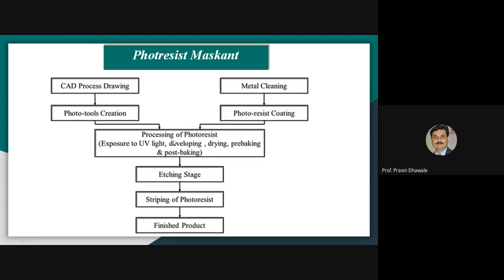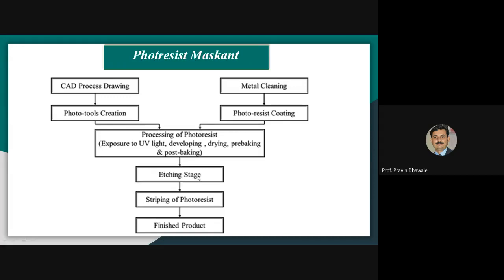Next is the processing of the photoresist. For that purpose, you have to expose that workpiece to ultraviolet rays, and developing, drying, pre-baking and post-baking are to be carried out. After that, the etching stage comes into action.